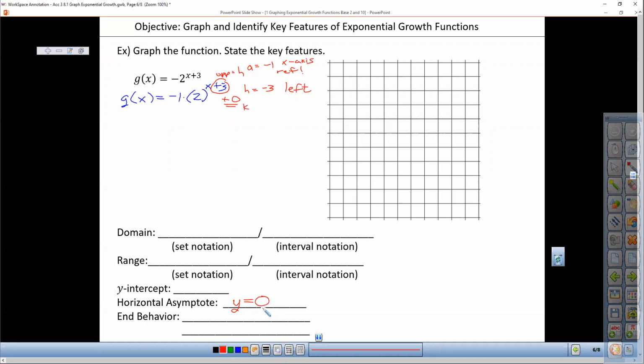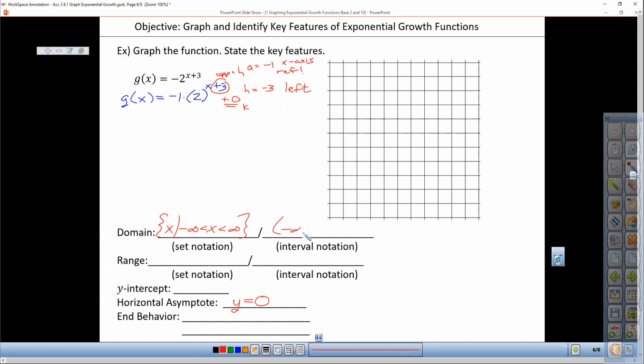That's also our x-axis. That's also something you should know: when you see the equation y equals 0, that corresponds to your x-axis. Now, the other thing that we can do right now, remember, is our domain, because all exponential functions are continuous. All exponential functions have a domain of the set of all real numbers. So our domain is the set of all x's such that -infinity is less than x and x is less than infinity.